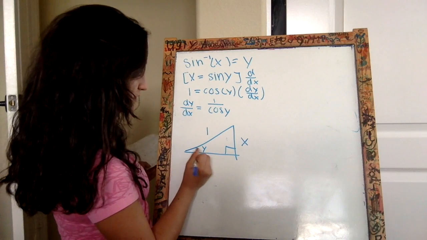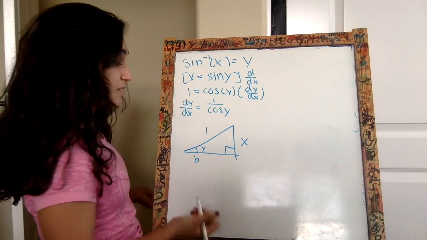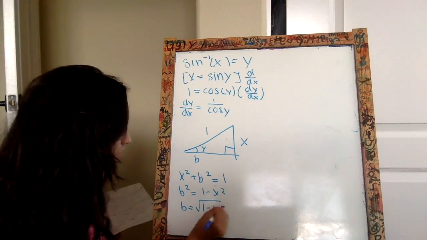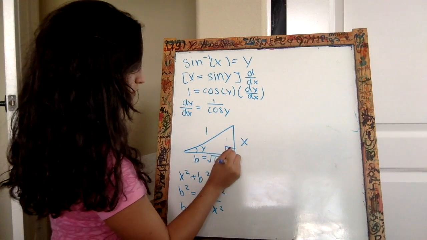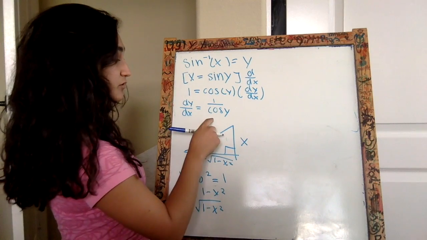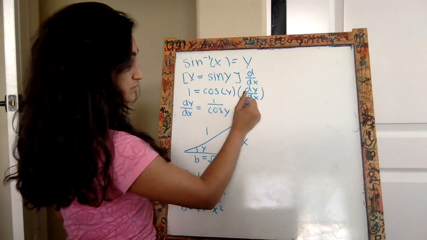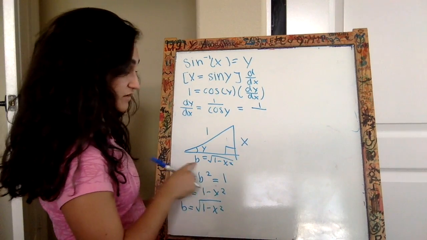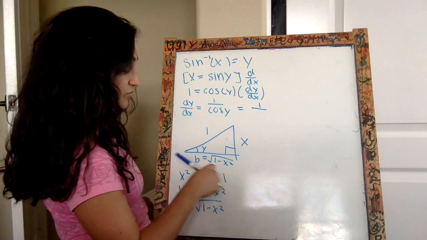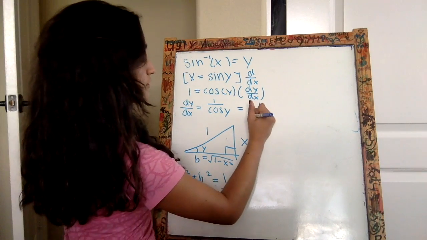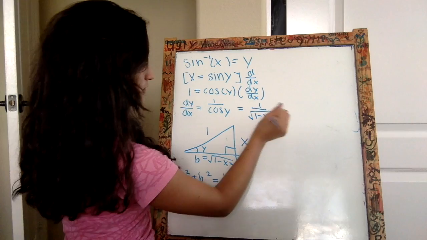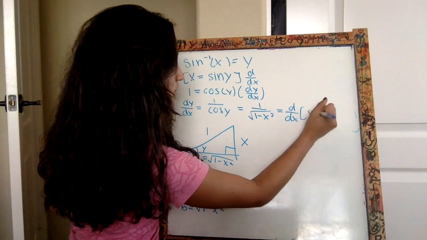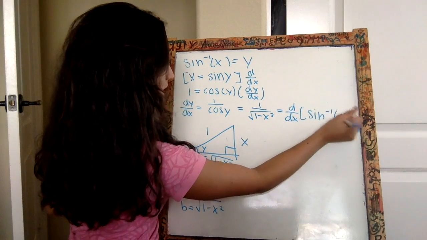And to find the last side, b, we can use the Pythagorean theorem. Which we can plug into this expression, which would equal 1 divided by cosine of y, which is 1 over the square root of 1 minus x squared, and set it equal to the derivative of the inverse of sine x.